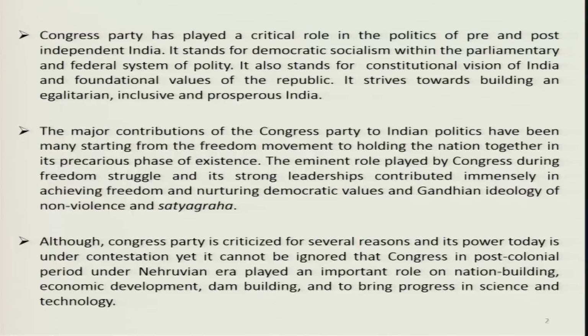If you recall, in the previous lecture on the Indian National Congress, we discussed its history in pre-independent and also in the post-independent time. We have also discussed its ideology and leadership. Today we are going to focus particularly on its contribution.